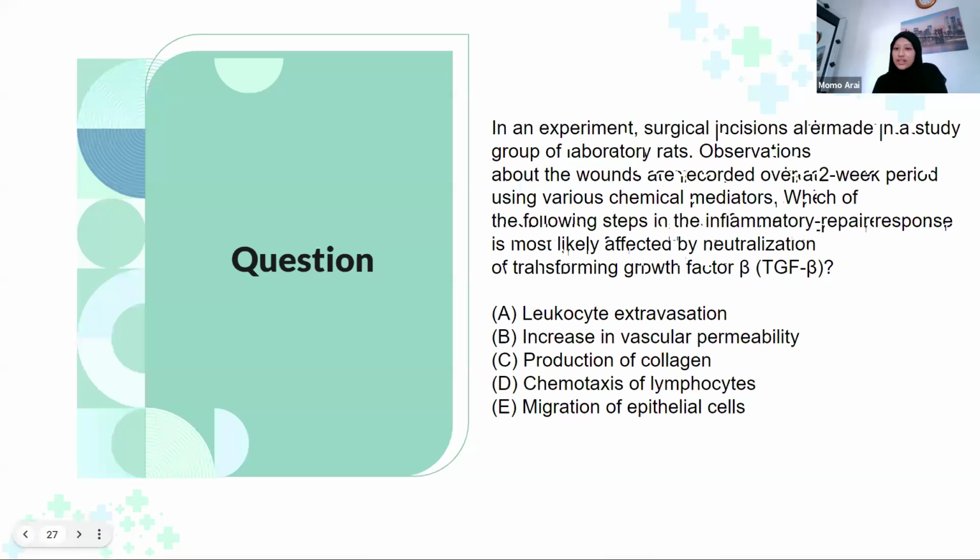If you see on the table, transforming growth factor beta doesn't have migration; it has proliferation of cells. Whoever answered B, don't worry about it, as long as you understand now, that's good. Is it clear, the two questions? This is how they can ask you about growth factors and so on.